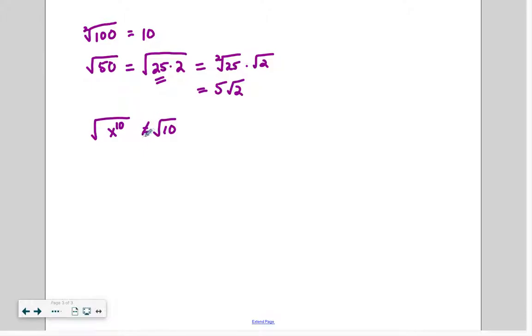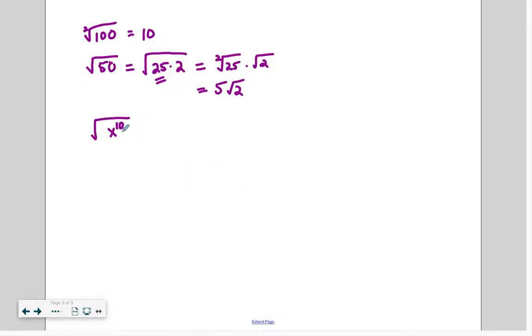These things are not equal in any way, shape, or form. That's like saying the square root of 3 squared is equal to the square root of 2. No, just no. So none of that mumbo jumbo.